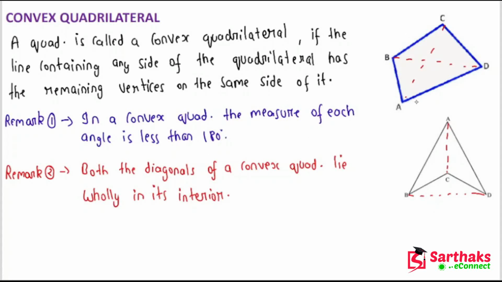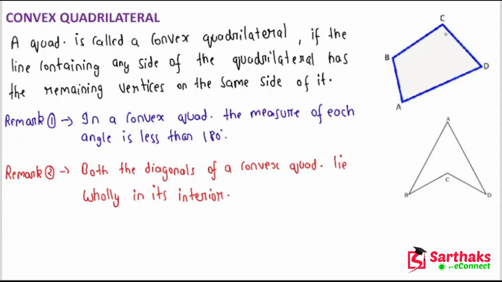Okay, you can also say that line segments joining any 2 points inside the quadrilateral should be completely inside the quadrilateral. Okay, they should not be outside. Similarly, if you join AB, it is a line segment, so it is well on the quadrilateral.